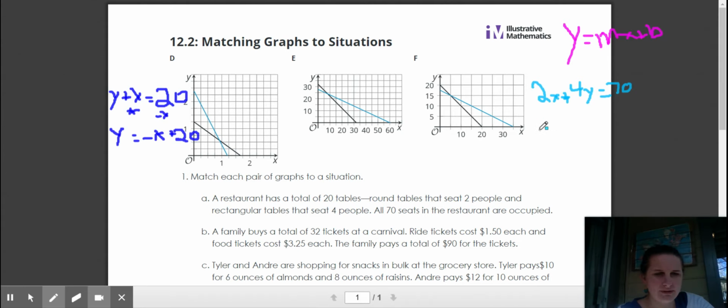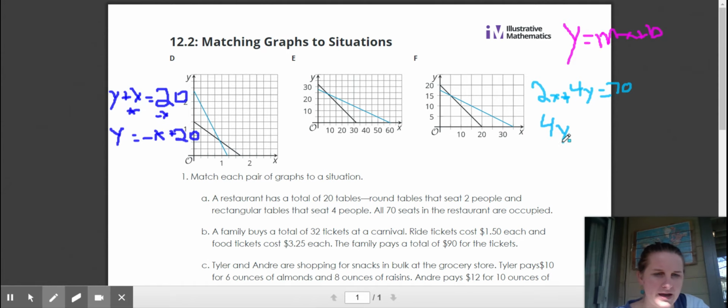Okay. On this one, we've got 4y equals, I'm going to move my 2x to this side, or subtract 2x from both sides, which means it's going to be negative 2x plus 70. Now I need to divide both sides by 4 so that I get the y by itself.